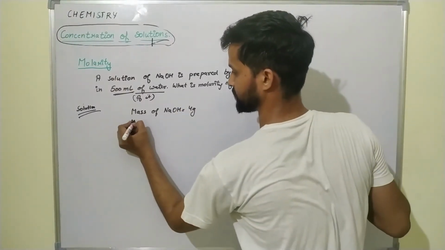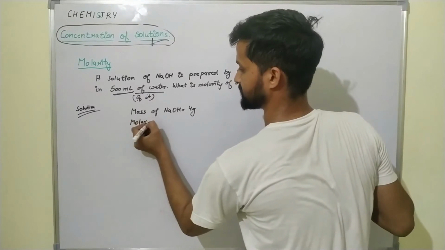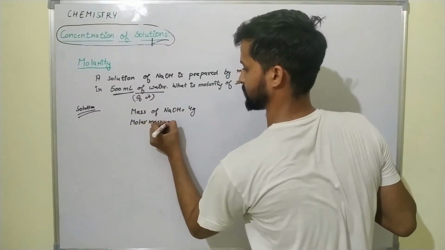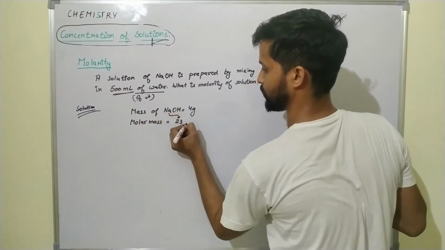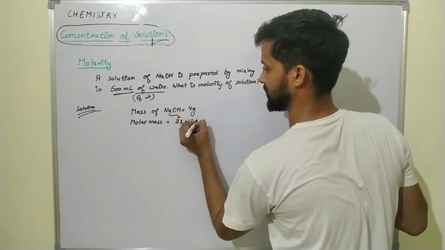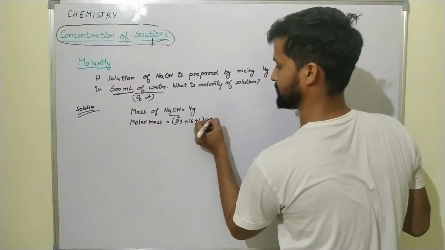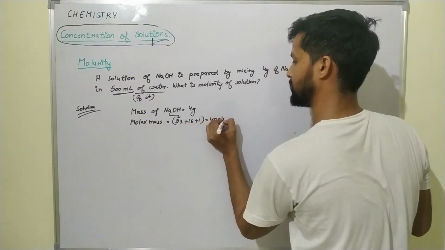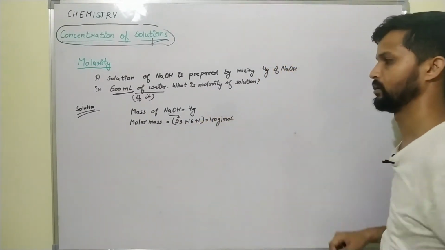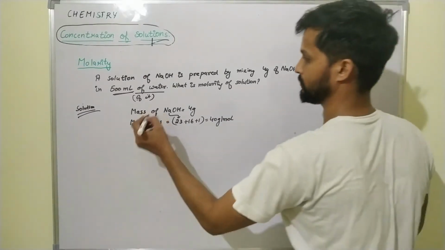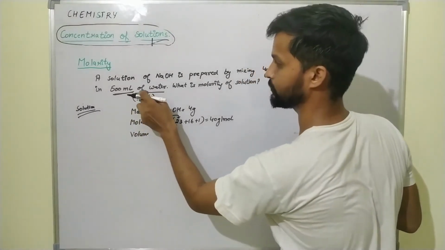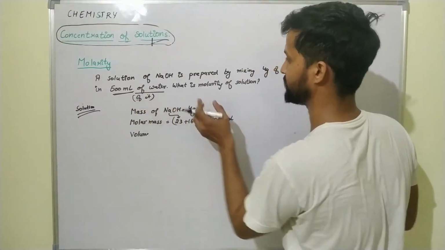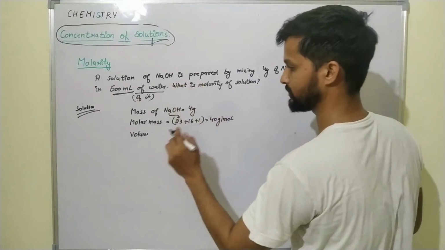Here we have to calculate its molar mass. So sodium mass is 23, oxygen mass is 16, and hydrogen is 1, which will become 40 gram per mole. Now the given volume, either they can give you of water or of it, means the total volume of the solution should be 500.